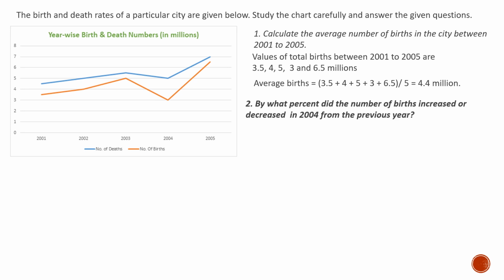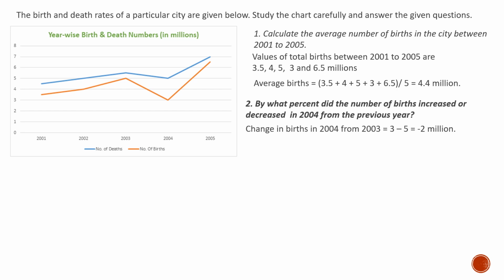By what percentage did the number of births increase or decrease in 2014 from the previous year? So either it might have increased or it might have decreased. So we'll see in 2004 the change in births compared to 2003. In 2004 the number of births is 3 lakh and in 2005 the number of births is 5 lakh.